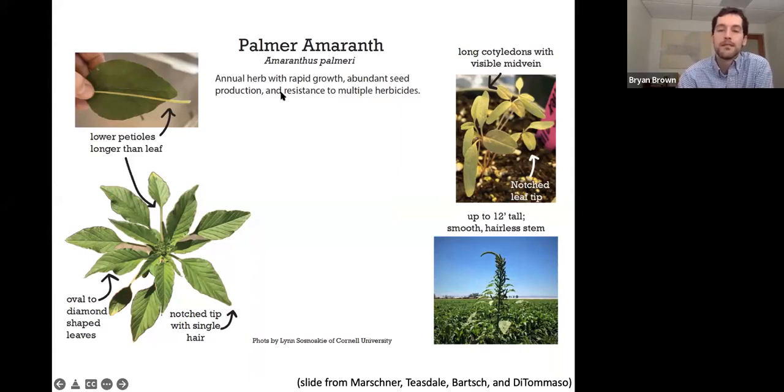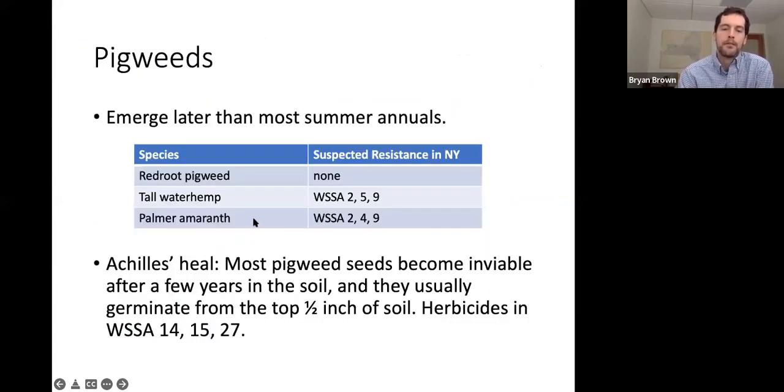It produces even more seeds than water hemp, up to 1 million seeds, and I guess its main distinguishing characteristic, like water hemp, it has a hairless stem, but unlike water hemp, when you fold the petiole or the leaf stem over the leaf, the petiole is longer. So that's what we really look for. Sometimes it has a notched tip, it has kind of a poinsettia appearance from the top. But a very serious weed.